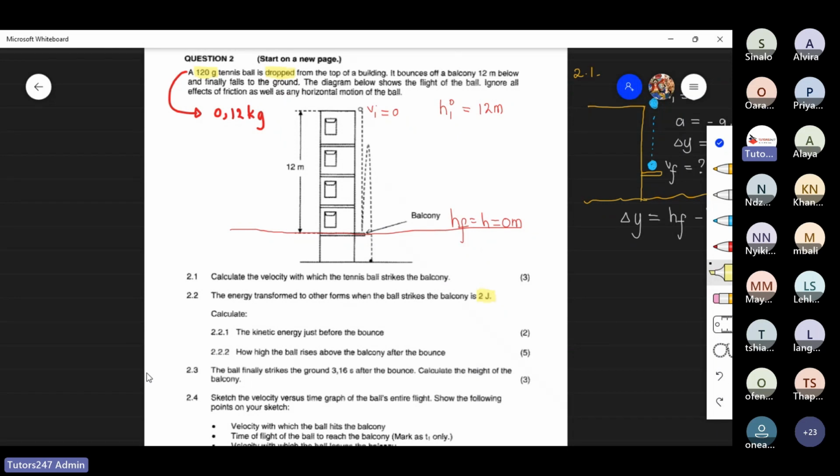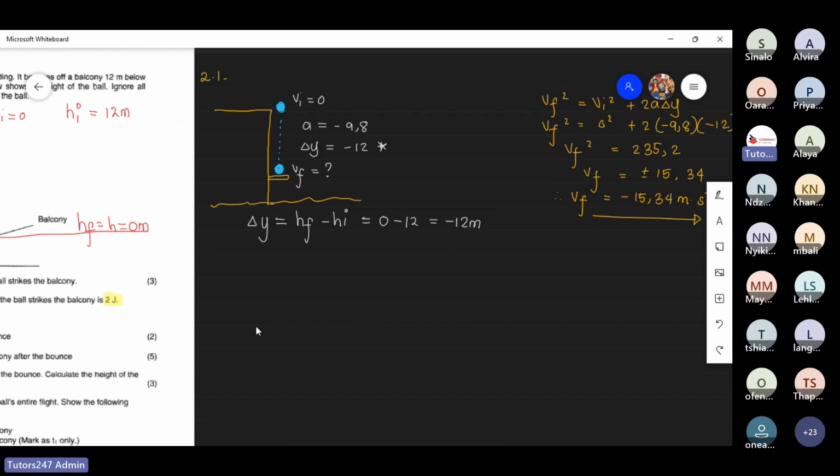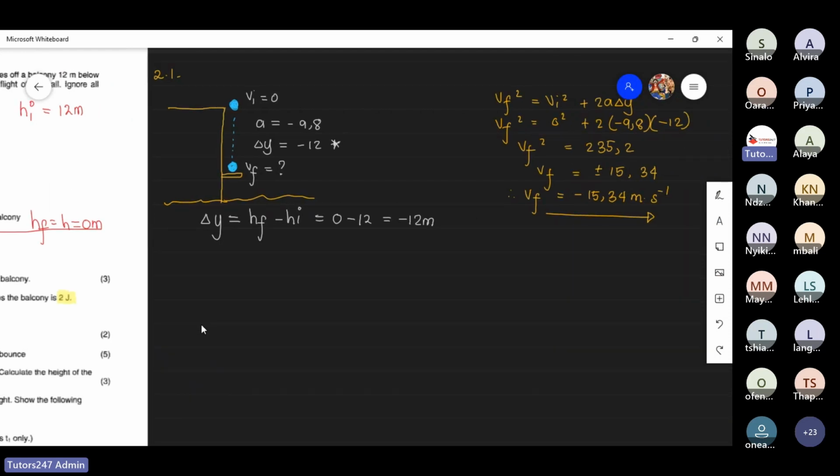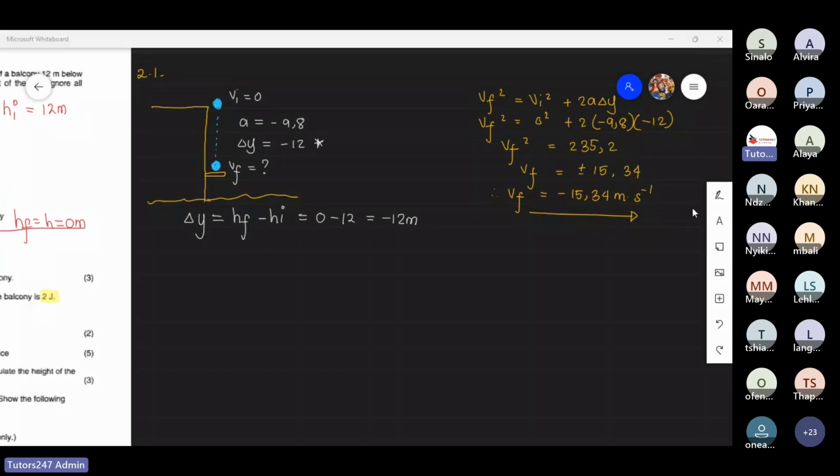What is nice about this is that we've already calculated velocity. Something that's not nice is that if you calculated an incorrect velocity, or did not correctly calculate question 2.1, you would have also got question 2.2 incorrect.